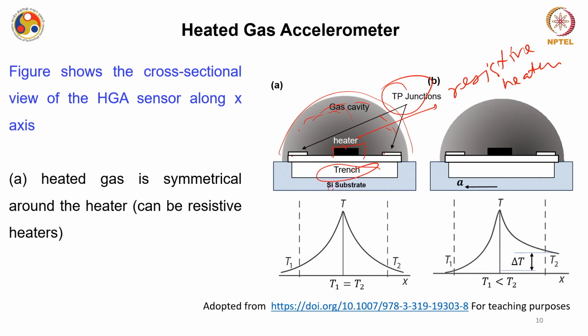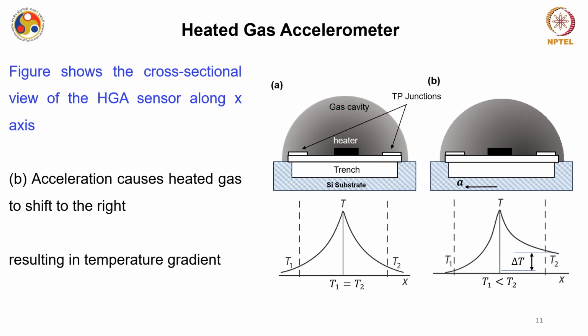Now with this heated gas, if you see, the temperature profile is symmetric around the heater. And you can understand this type of temperature profile from this kind of HGA. Then when you apply an acceleration, this causes the heated gas to shift to the right or left, depending on how this system is getting accelerated.